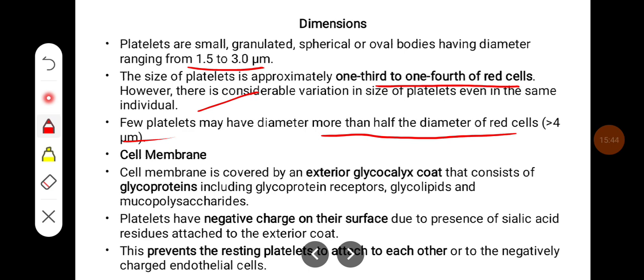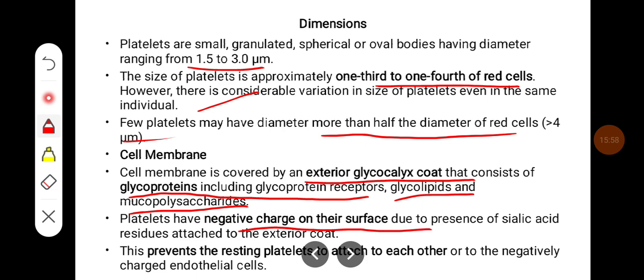The cell membrane is covered by an exterior glycocalyx coat that consists of glycoproteins including glycoprotein receptors, glycolipids, and mucopolysaccharides. Platelets have a negative charge on their surface due to the presence of sialic acid residues attached to the exterior coat.